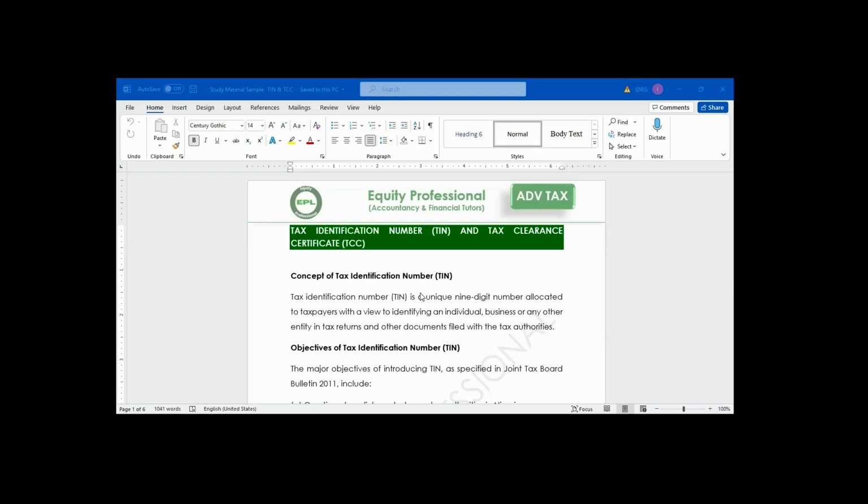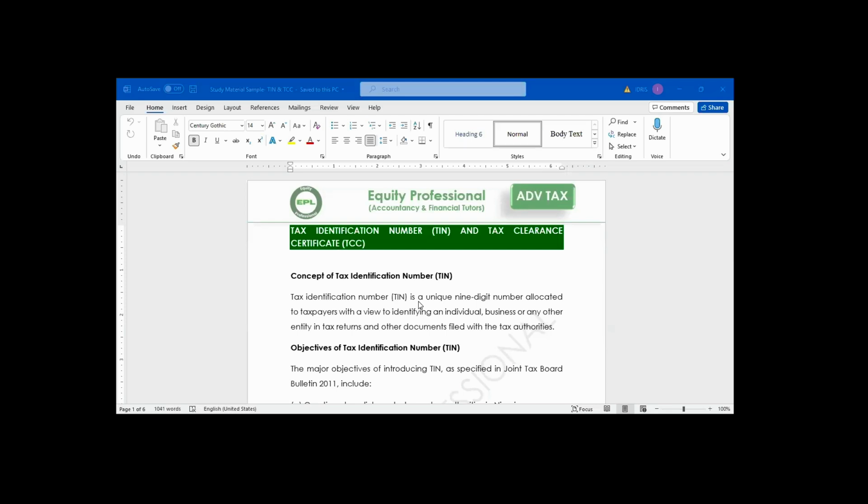What is tax identification number? Tax identification number is a unique number allocated to the taxpayer by the tax authority for the purpose of identifying the taxpayer. It is a unique 9-digit number allocated to taxpayer with a view to identify individual, business, or other entity in tax returns and other documents filed with tax authority.